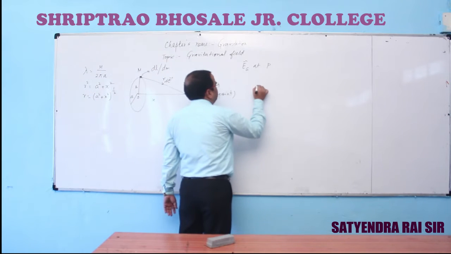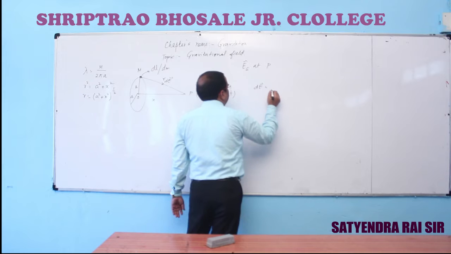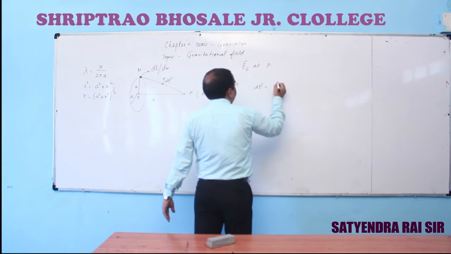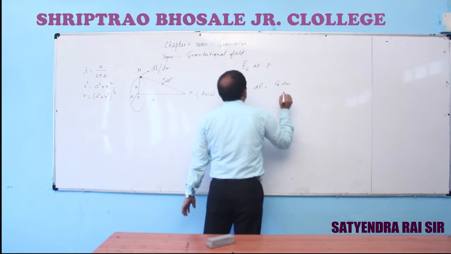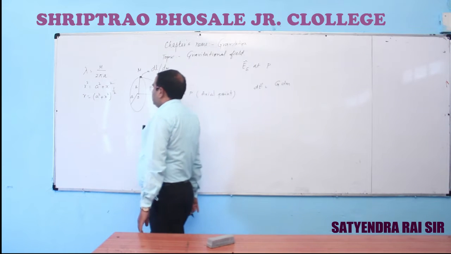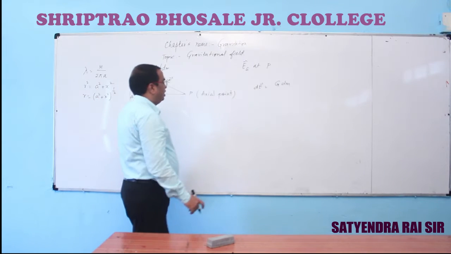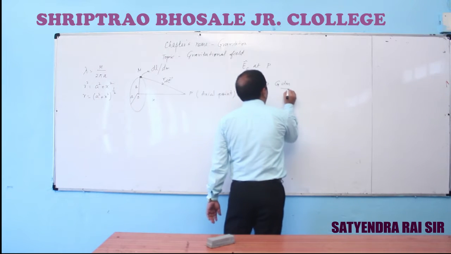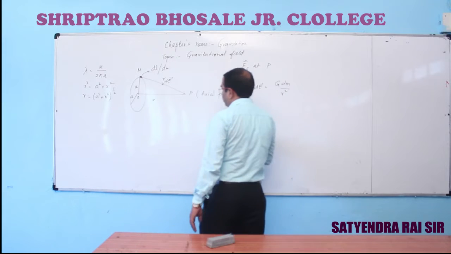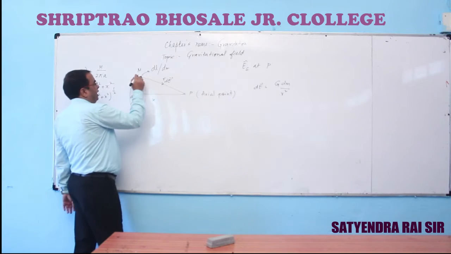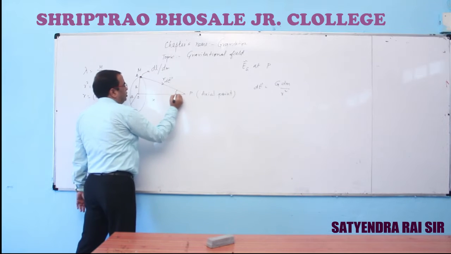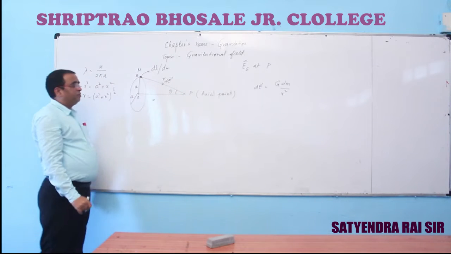We can write dE as G dm upon R square, where dm is the mass of the element. Let this line make an angle theta with the x-axis.